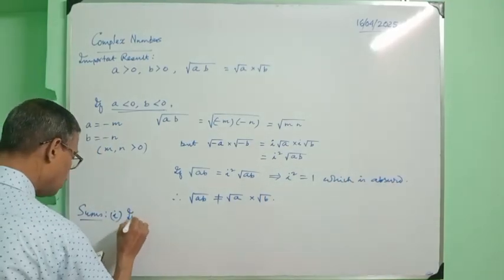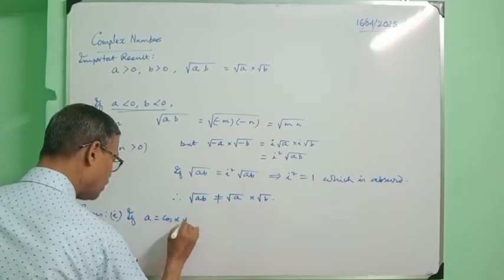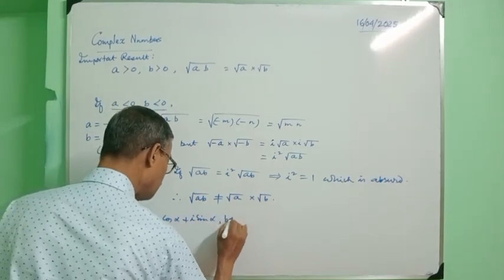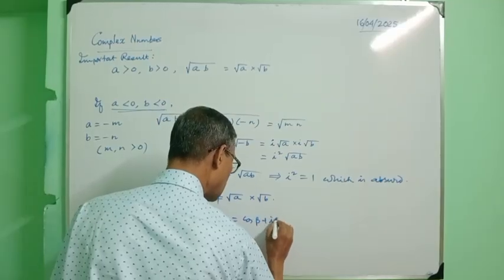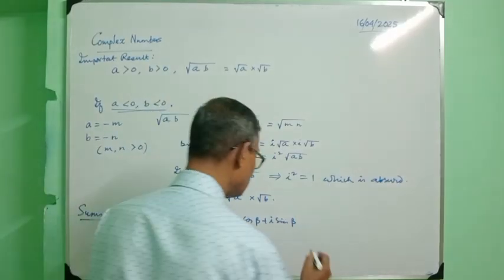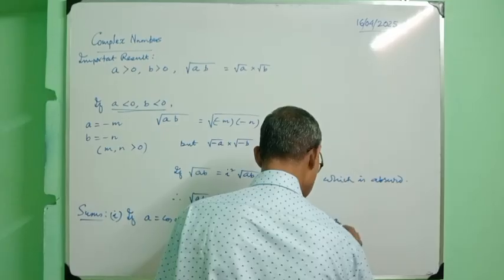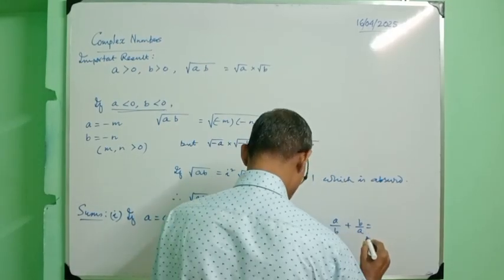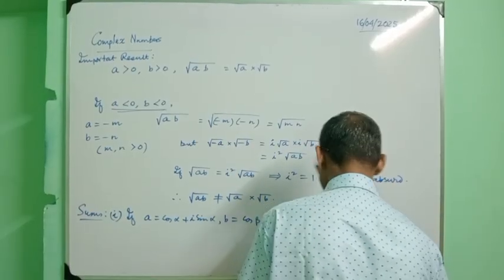If A is equal to cos alpha plus I sin alpha, B equal to cos beta plus I sin beta, then A by B plus B by A is equal to twice cos into alpha minus beta.